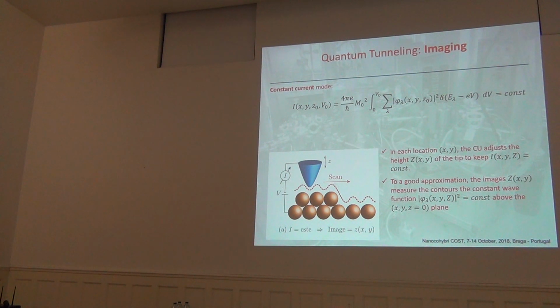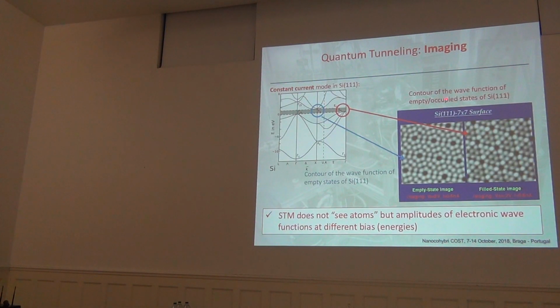If it is too large, we retract the tip. In such a case, the tip will approximately follow the shape of the electronic wave functions. Okay, and finally we get a sort of contour of the wave function of empty or occupied states depending on the voltage we apply.